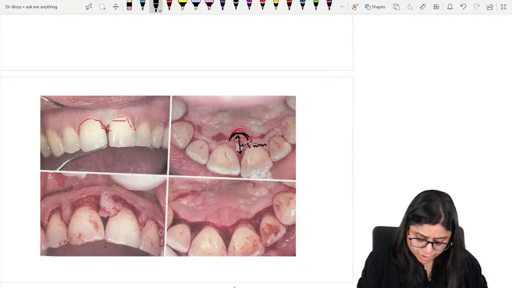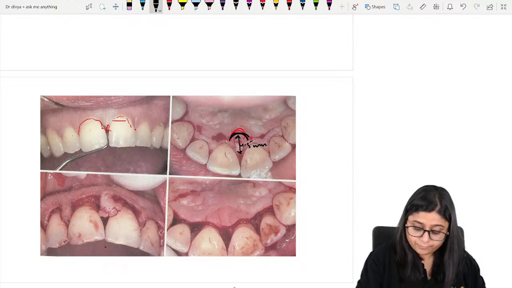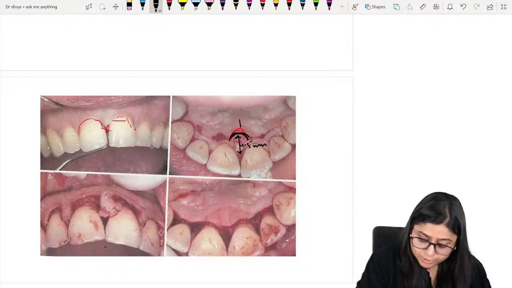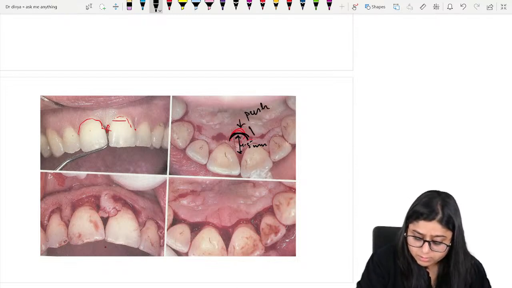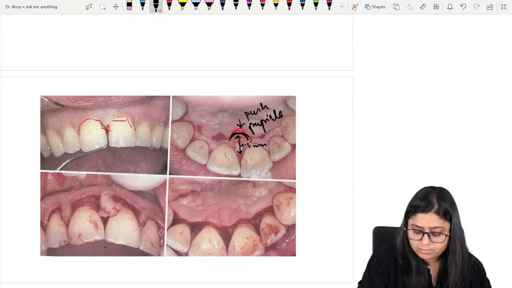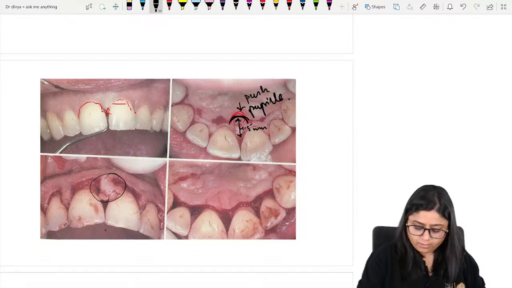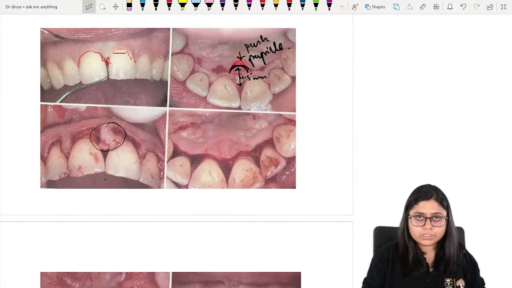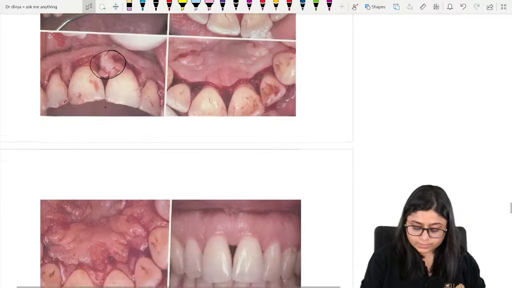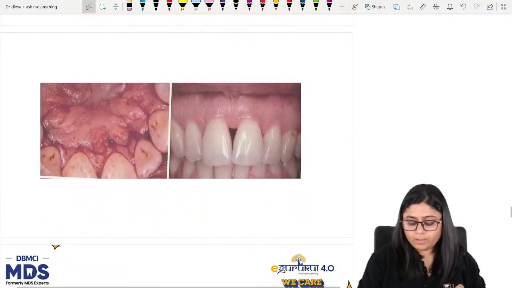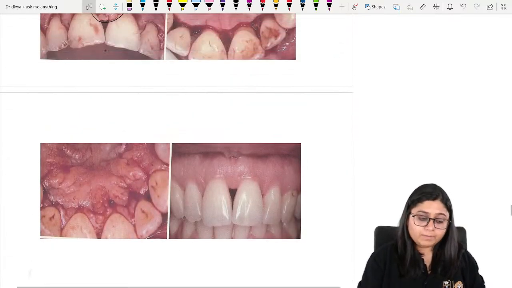And with a push from here, we push this papilla to the buccal aspect, so that it will be separated. We can do whatever procedures we want to perform on the bone and the root surfaces, and we can suture it back. So this is the papillary preservation flap.